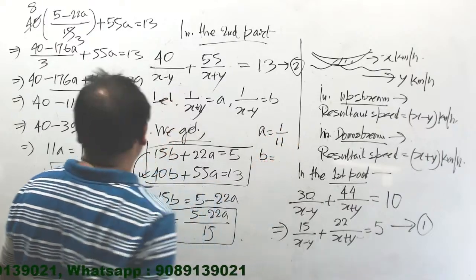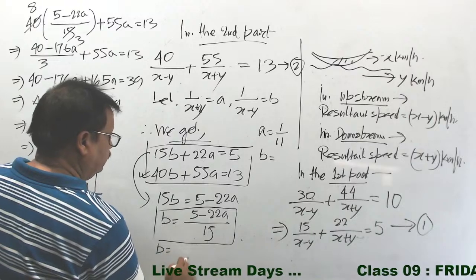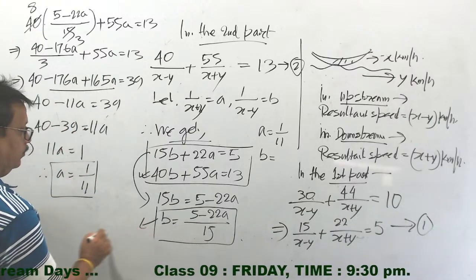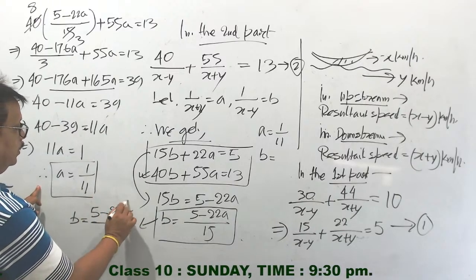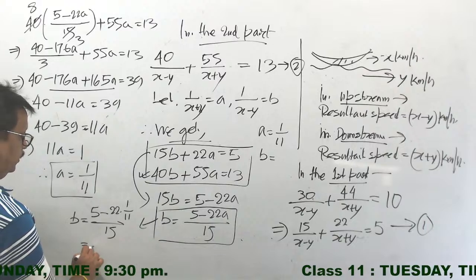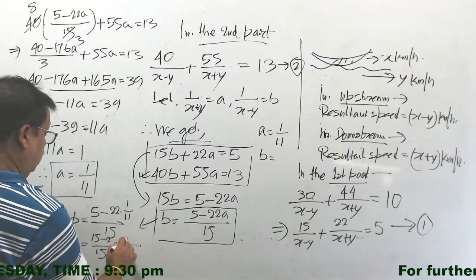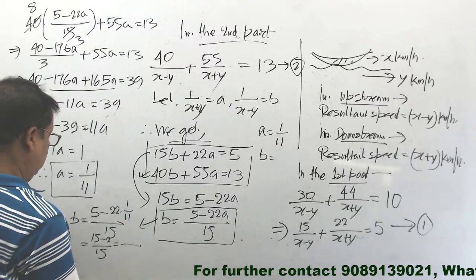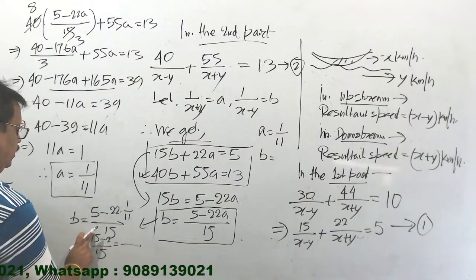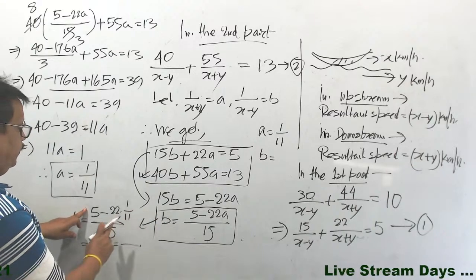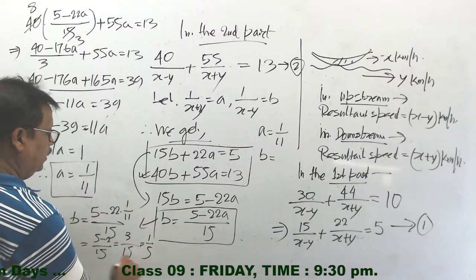What is b? Find out. Now, putting the value of a here, b is equal to 5 minus 22 into a. What is 1 by 11? 5 minus 2, that means 3 by 15, that means 1 by 5.